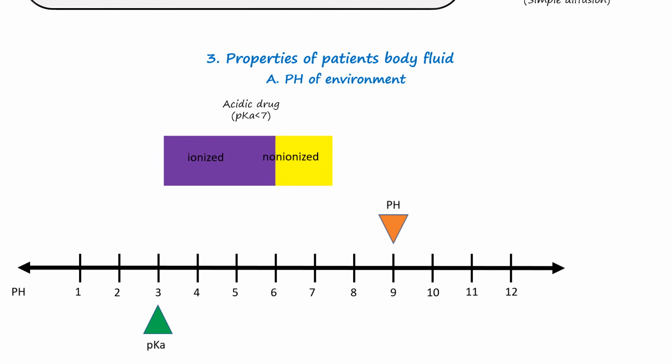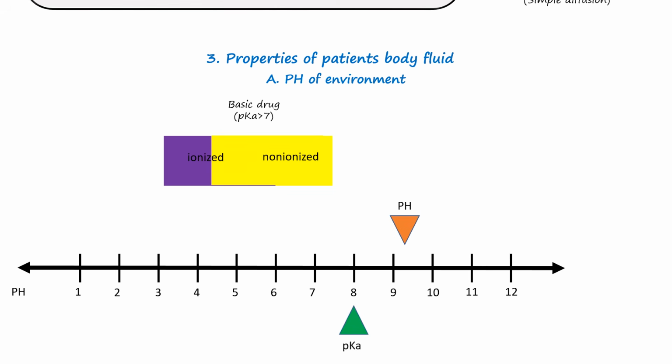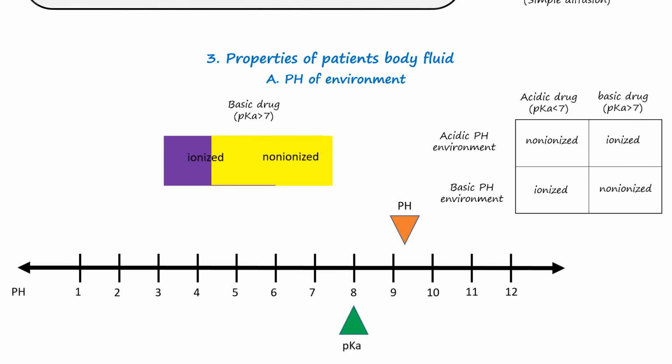In contrast, basic drugs typically have pKa value greater than 7. These drugs exist in their non-ionized form in basic environment and in ionized state in acidic environment. So, depending on the pH of the patient's body fluid, the ionization of the drug changes and so does its lipid solubility.